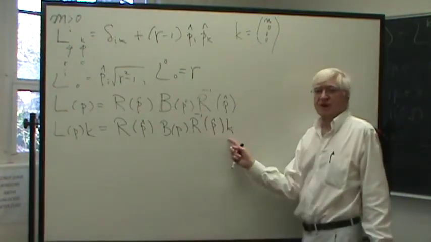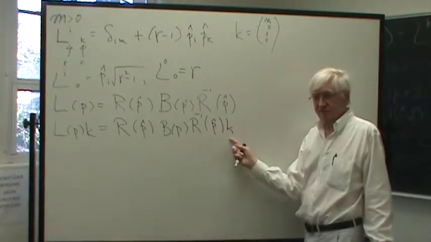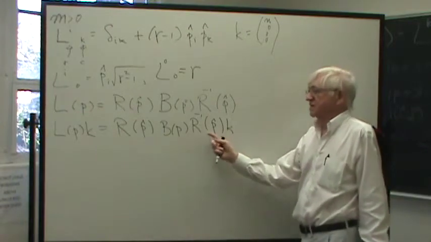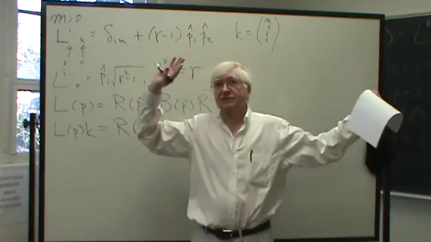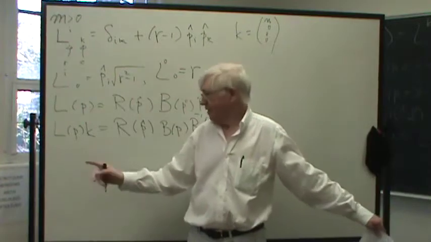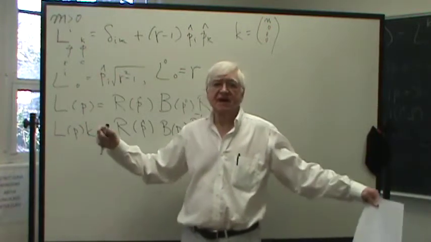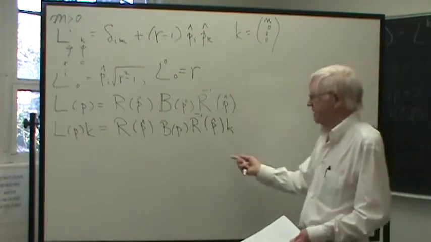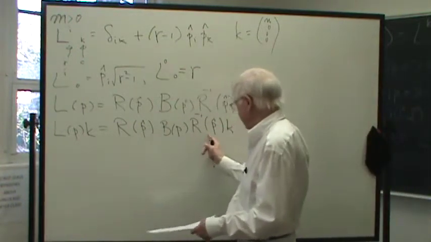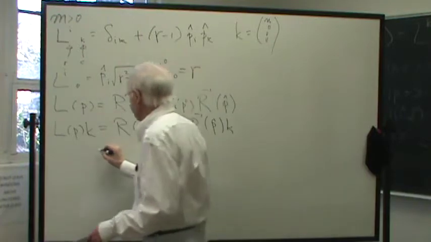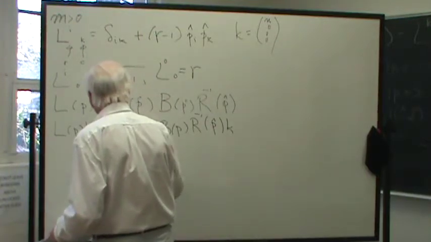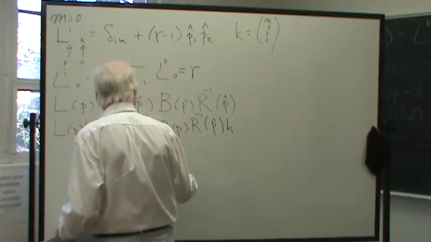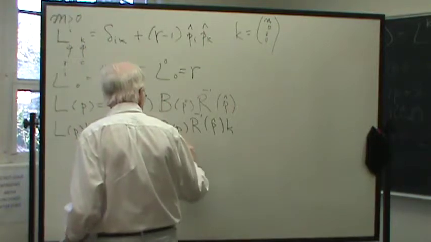So the rotation operator has no effect. It's there simply for later reasons that I've forgotten about, but it's an intrinsic arbitrariness, and we're going to make it definite by putting it there. So this is actually R of P hat, B of P on K.